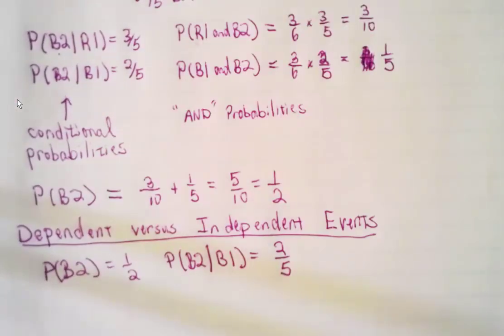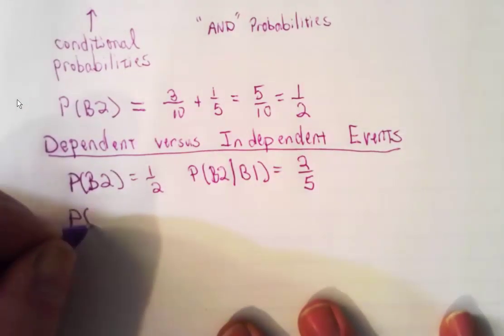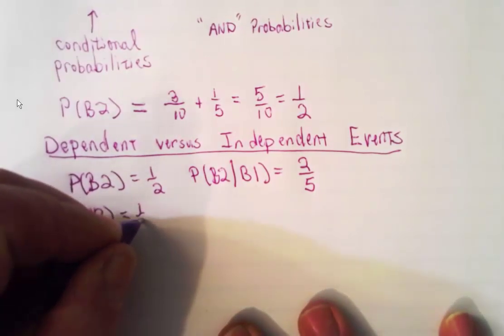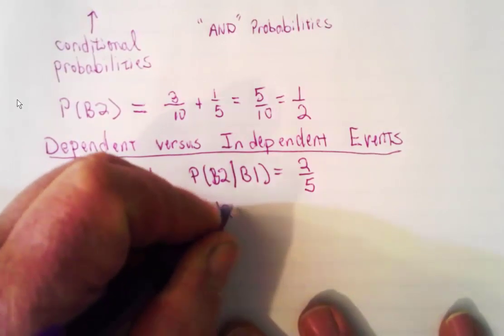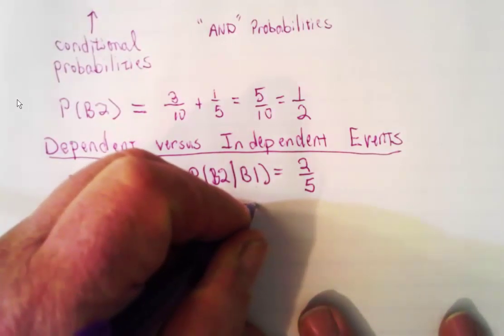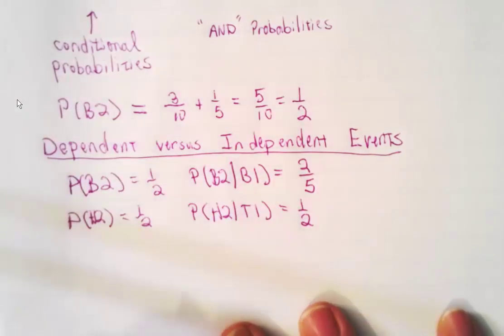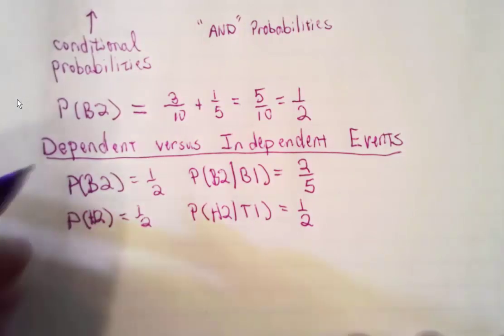So that is to say, the probability of heads on the second flip is 1/2. It's also true that the probability of heads on the second, given, say, a tail on the first, is equal to 1/2. In this case, these two probabilities are equal.